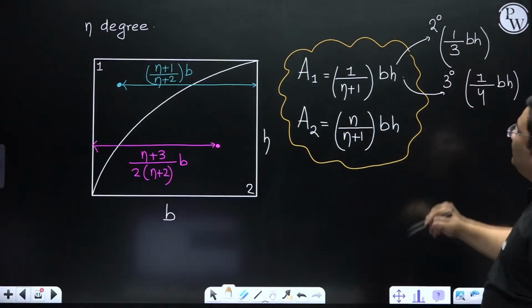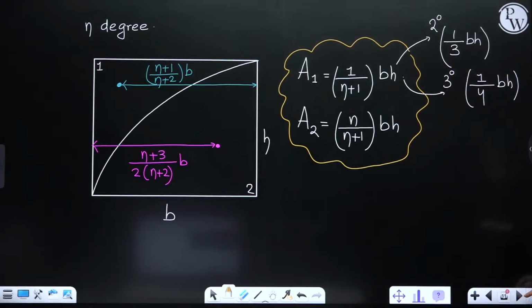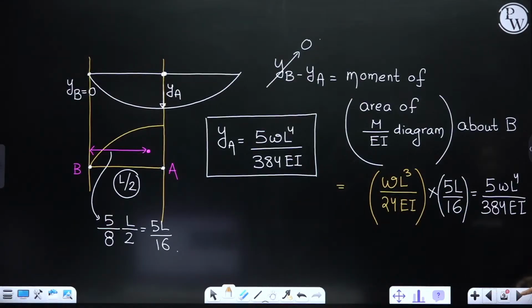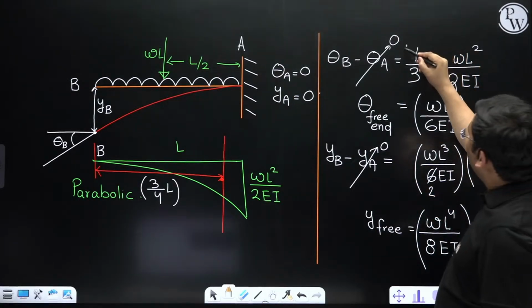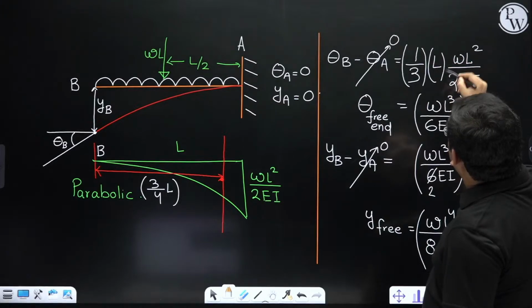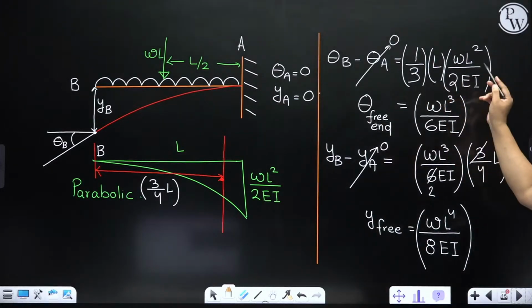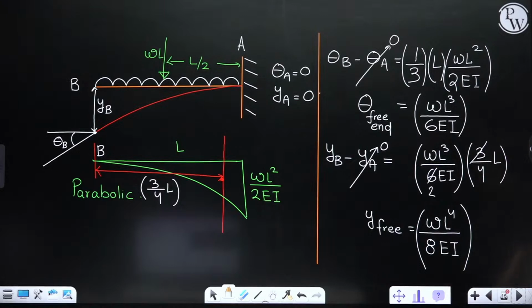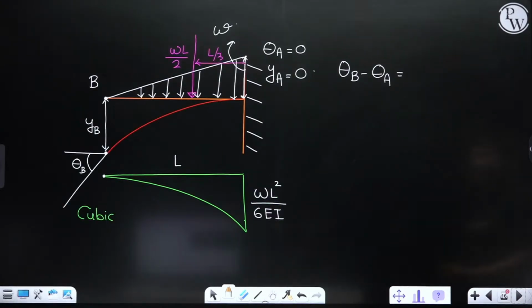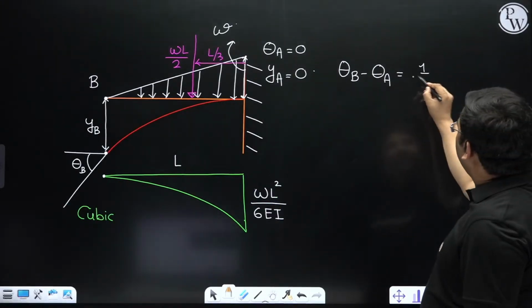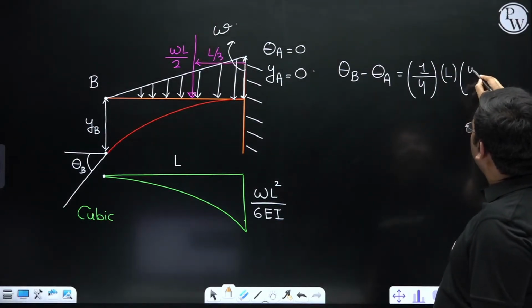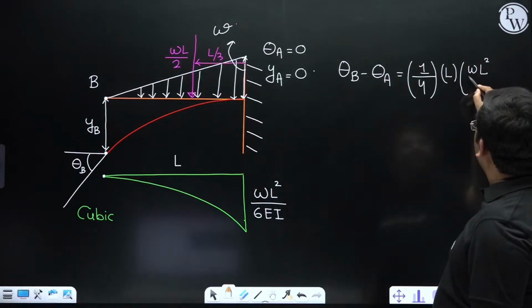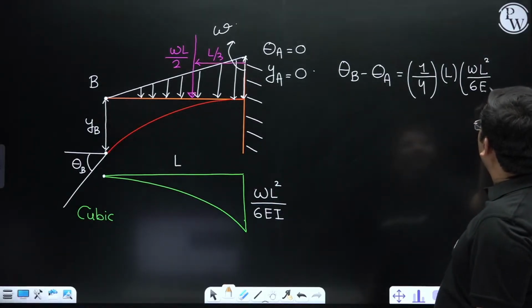Understood? So in the earlier case, when it was parabolic, the area I took was 1 by 3 BH. When it is cubic, I will take 1 by 4 into B into H. Understood everyone why we took 1 by 4?